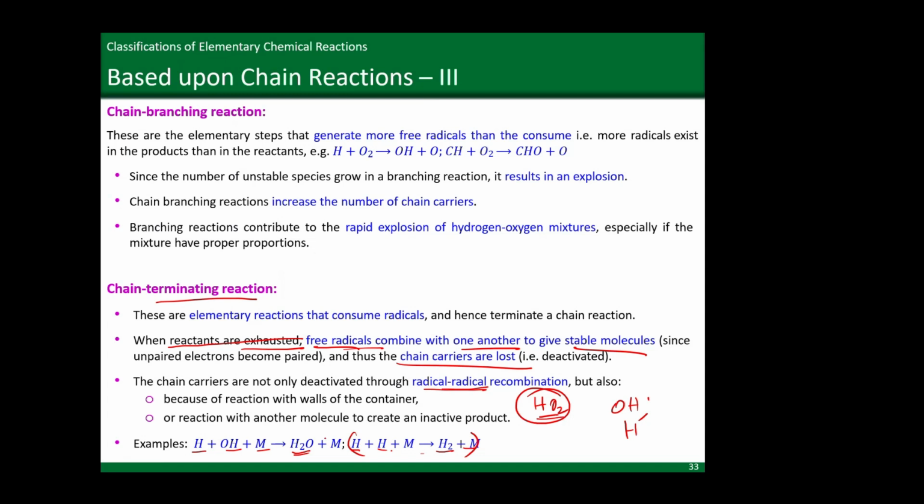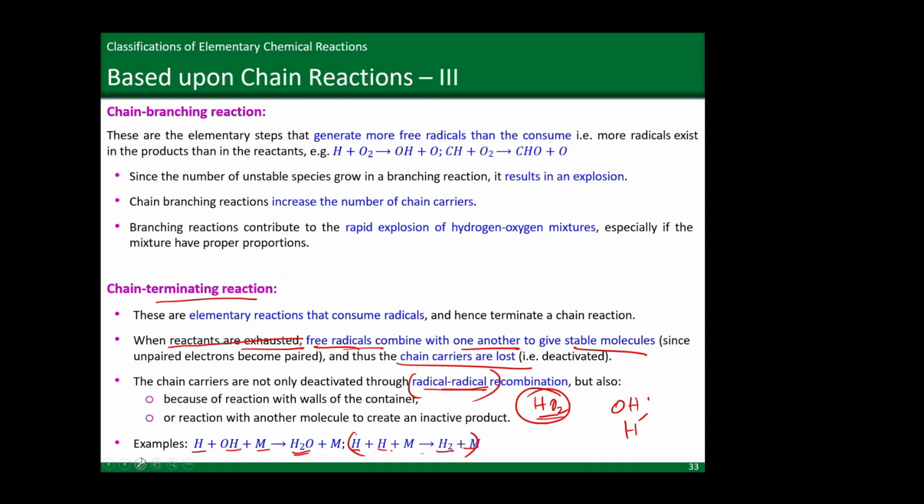So either we move towards chain termination by forming an inactive product, or the radical becomes less active because it's hitting the walls of the container. It's very close to the walls of the container. Or the most common scenario, where you have radical recombination to form a stable species.